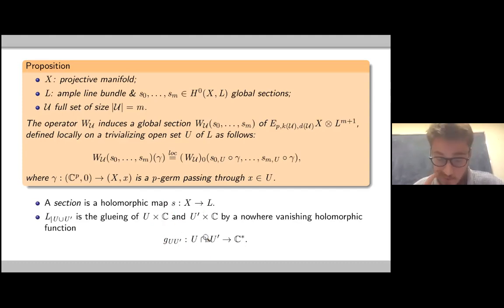Of course, this definition depends on the trivialization. And so to define something global, we have to understand how it behaves when we change trivialization. And actually, when we change trivialization, we multiply each one of these sections by the same function. And so by the homogeneity property defining the geometric Wronskian, it comes out. And actually, this is really the reason why we defined it in this way. And so this is why the L to the power m plus 1 appears here.